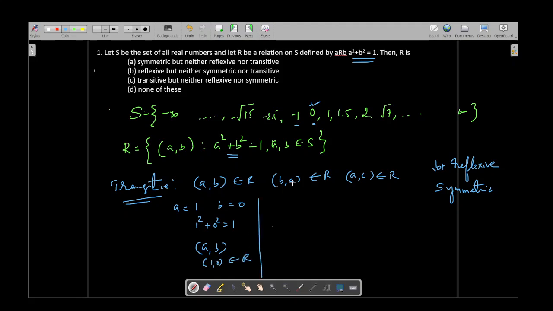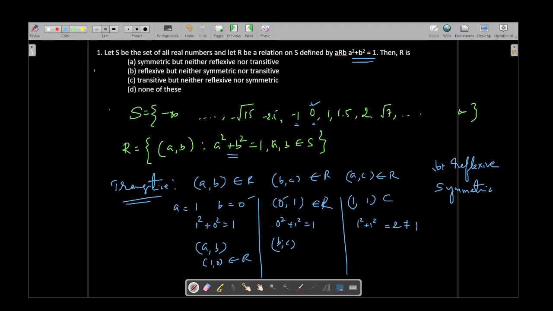Now I'll take b comma c as 0 comma 1, because 0 square plus 1 square is 1. So 0 comma 1 is a member of R. This is my b comma c. Now let us check whether a comma c is a member of R or not. a is 1, c is also 1 from these two conditions. So 1 square plus 1 square is actually 2, which is not equal to 1.